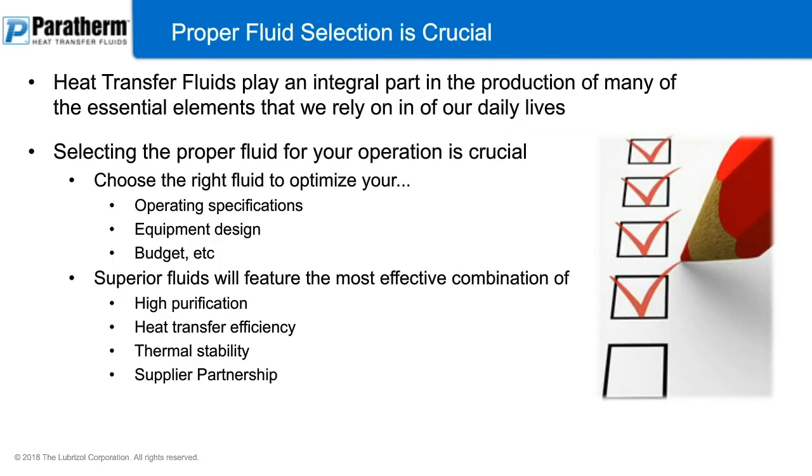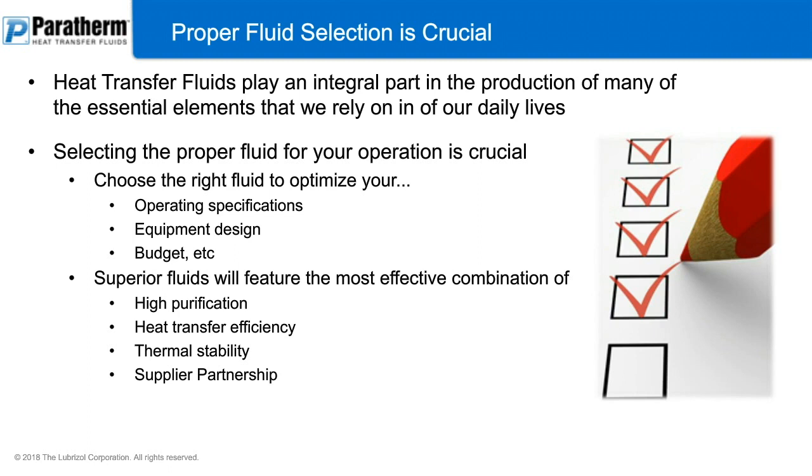So moving forward, we really want to narrow this down and talk about why proper fluid selection is so critical. Using the proper fluid is paramount to your operation. Selecting the wrong fluid is likely going to lead to accelerated degradation, equipment failures associated with those degradation products, fouling of the fluid onto surface elements in the equipment, increased maintenance activities, and decreased efficiency on both the heat transfer and total system operation.